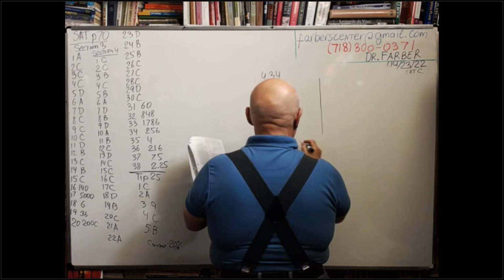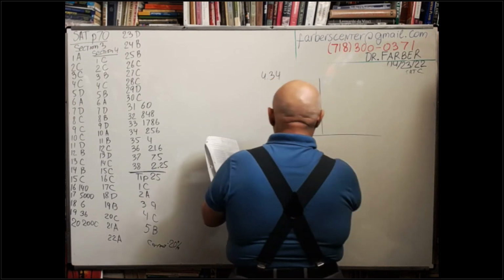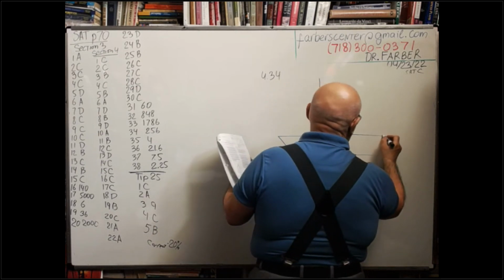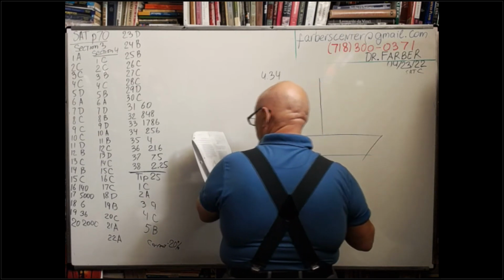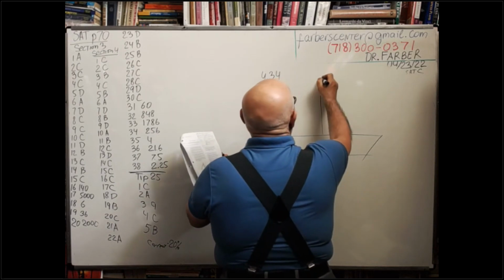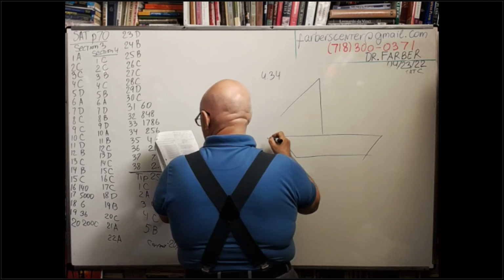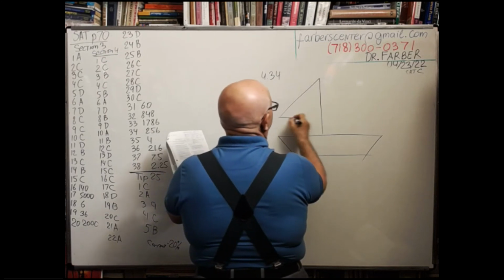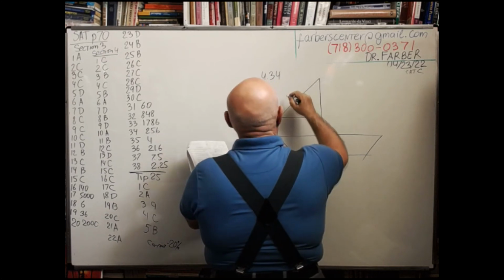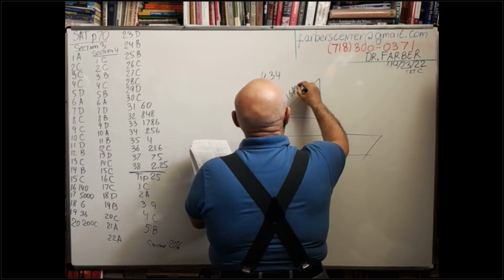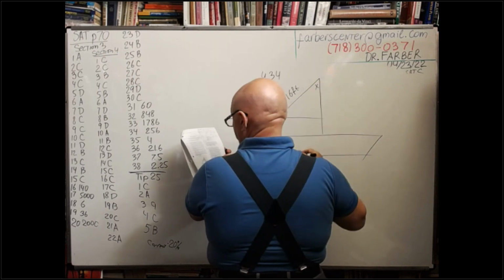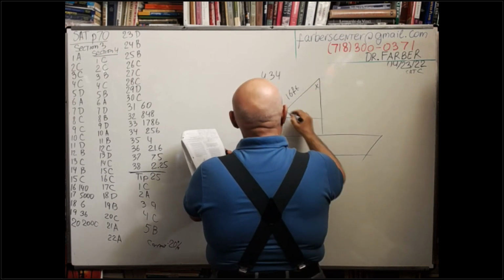So this is a boat. I make it schematic, okay? This is 16 feet. This is x. This is x.